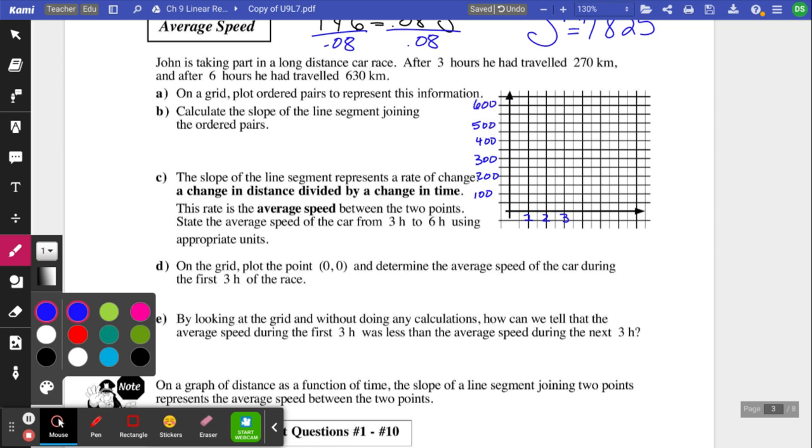Make sure you're going perfectly even as you move up your scale, right? So I'm doing every line is 50. And I'm gonna plot those. So after 3 hours, he had traveled 270. And after 6 hours, he'd gone 630.